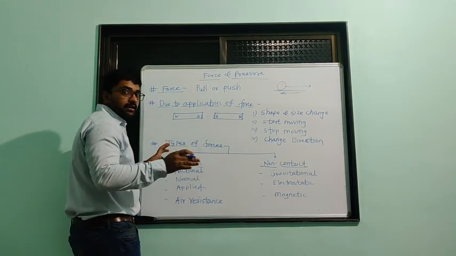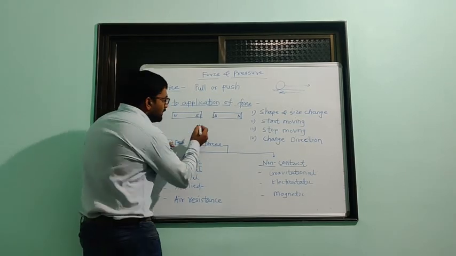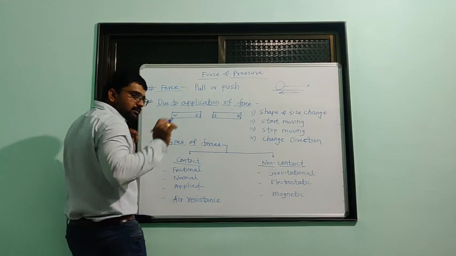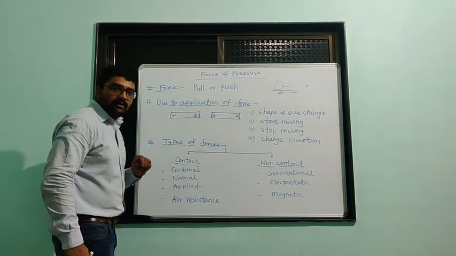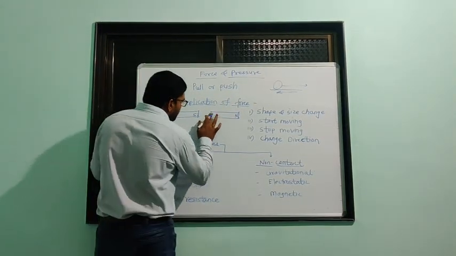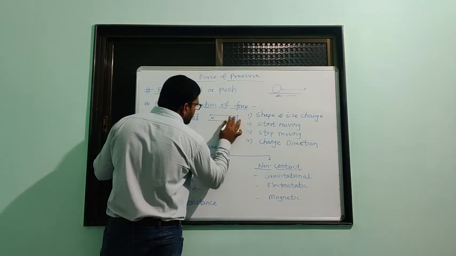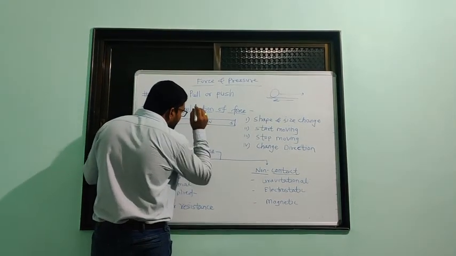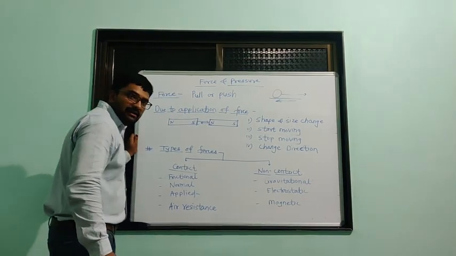Not a direct contact, but at some distance they repel each other. Now if here is a north pole and here is a south pole, then they attract each other.